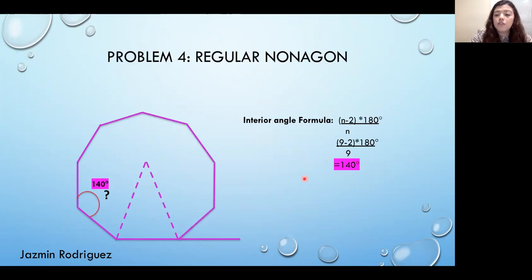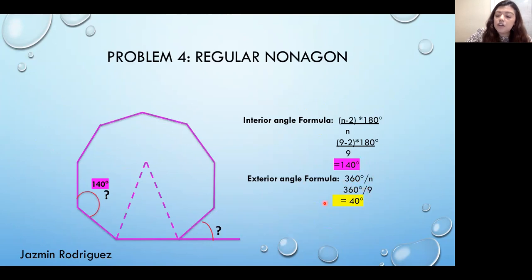Next, we want to solve for our exterior angle. And for our exterior angle, we can do 2 things. I'll show you those 2 things. Let's start with the first way. We have our formula for exterior angle, and that's going to be 360 degrees divided by n, which represents the number of sides in our polygon, which is 9.